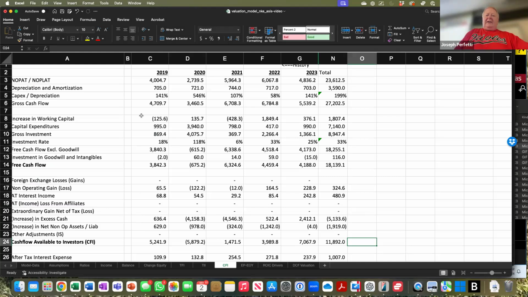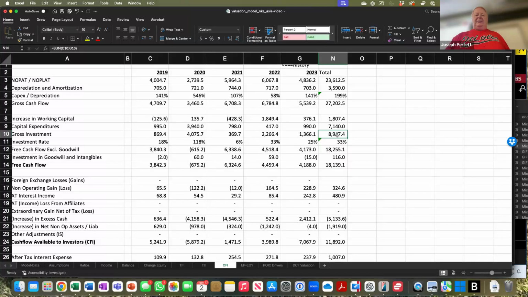All right, you start with free cash flow. Nike's operating free cash flow, 18.1 billion over 5 years. All right, they generated 27.2 billion of gross cash flow, and they reinvested 8.9 billion in working capital and capital expenditures.